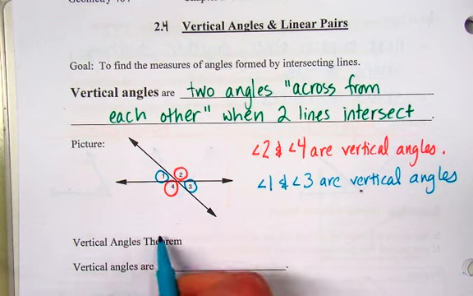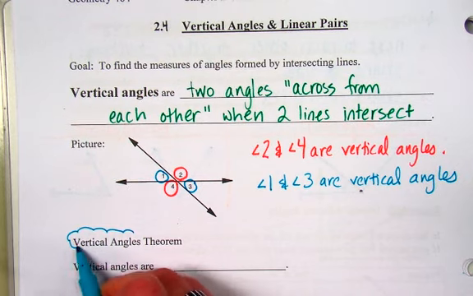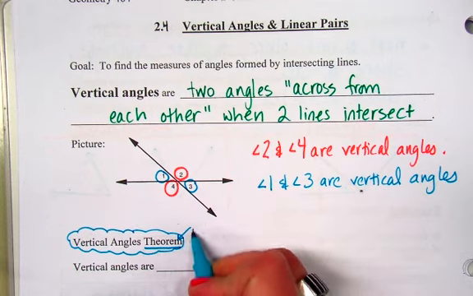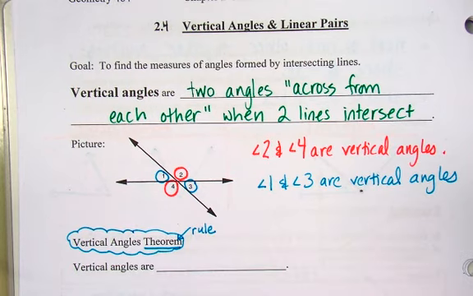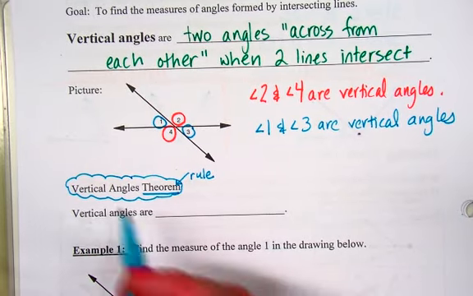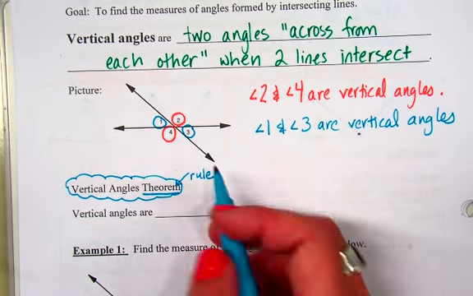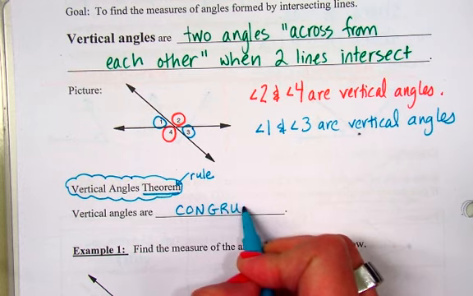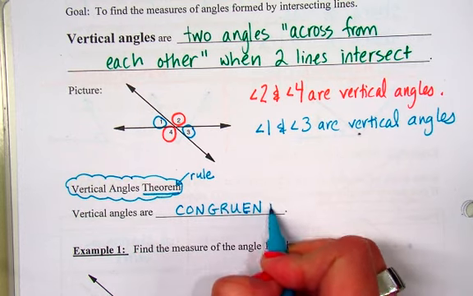Our vertical angles theorem, I think this is the first time we've seen this word, theorem. A theorem just means a rule. It's kind of like that word postulate that we learned. So a theorem is like another rule. And all that this rule says, and you guys figured this out yesterday, is that vertical angles are always congruent.